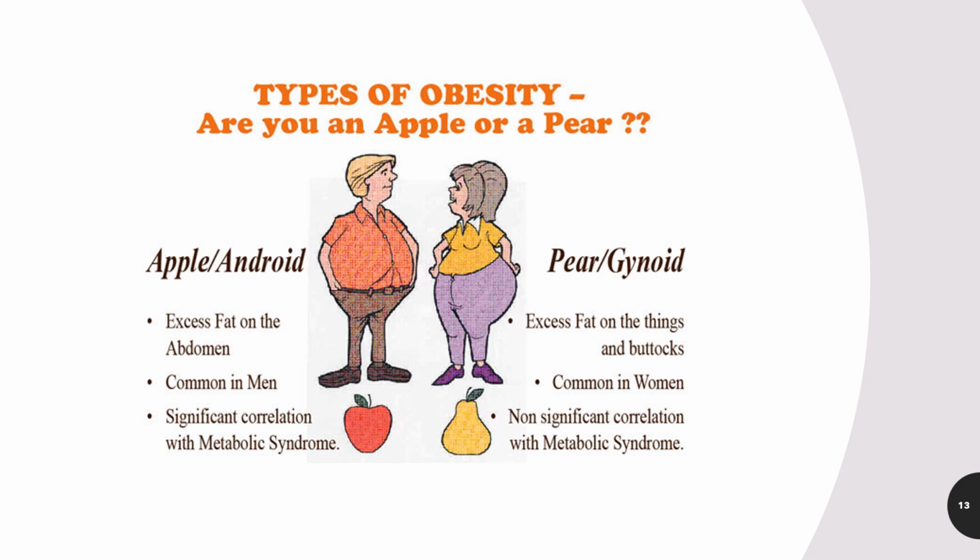Now, here's another thing. If you happen to have an apple shape, but you are not overweight, in other words, if your BMI is less than 25, but you got a little bit of a belly, evidence has shown that this is not good. Even if you have a correct BMI, you're not overweight, but you got sort of a belly there, that again predisposes you to diabetes, metabolic syndrome, and a host of other conditions such as cancer and cardiovascular disease.